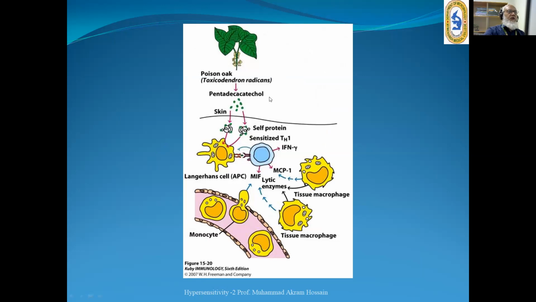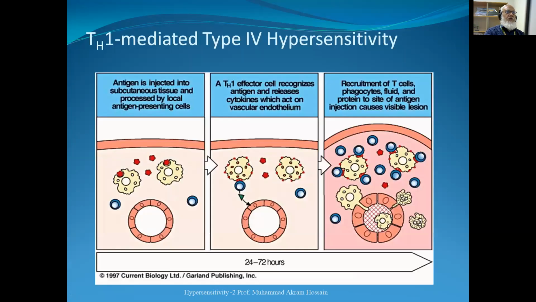So you can see this picture, poison oak, an example when it comes in contact with the skin. This skin protein with a cell protein is a hapten, so they are processed and presented to the T helper cell. It becomes sensitized Th1. Th1 secretes gamma interferon, and they activate the tissue macrophages and attract the monocytes, and all these things cause contact dermatitis.